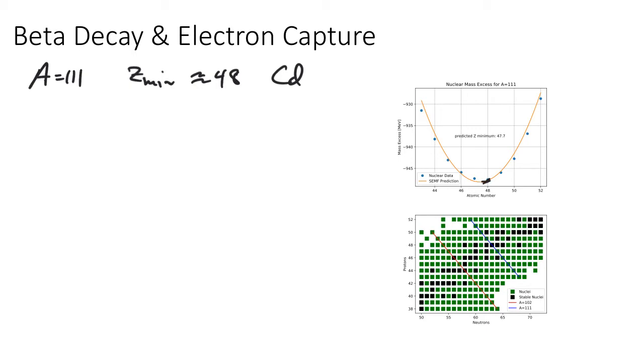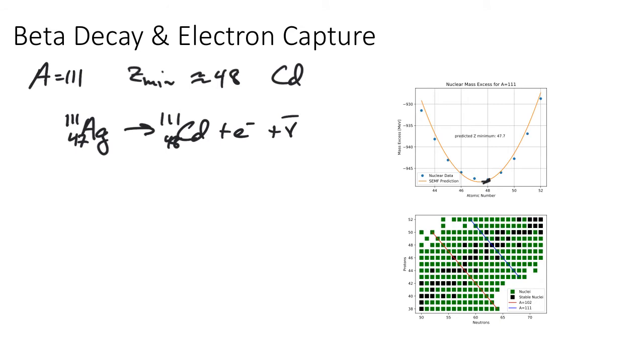If we go to the next one over, it turns out to be silver-47. So the reaction that we find is that silver-47 goes to cadmium-48 plus an electron plus an antineutrino.